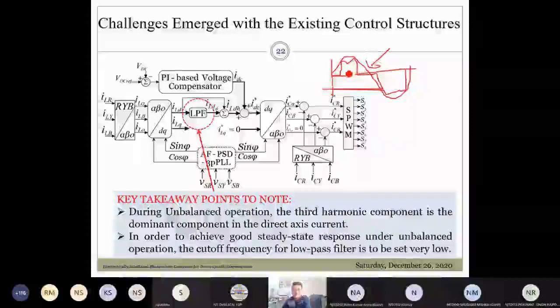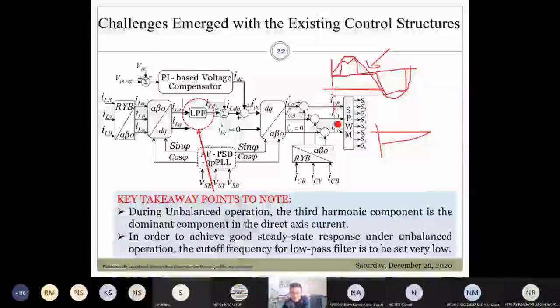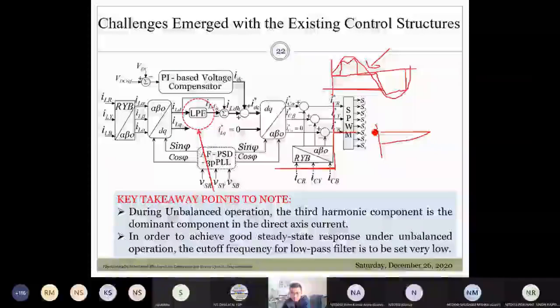So the idea is that you need to somehow generate the reference grid current which looks sinusoidal, and then compare this sinusoidal waveform with this actual grid current. How will the difference of these two look? See here. If you subtract this actual grid current from the reference grid current, it will look something like this.